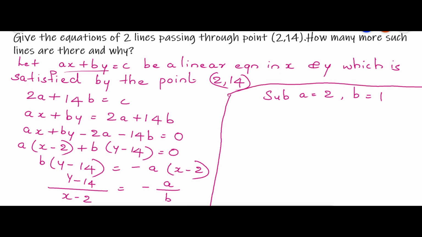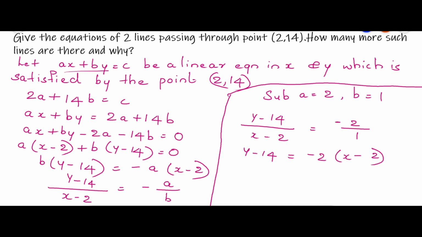Then you will be getting (y minus 14) divided by (x minus 2) is equal to minus 2 by 1. So cross multiplying, y minus 14 is equal to minus 2 into (x minus 2).